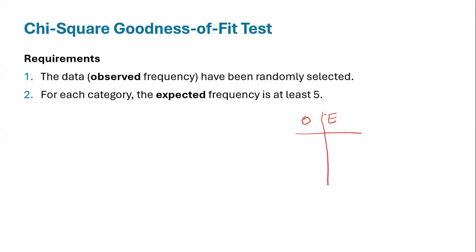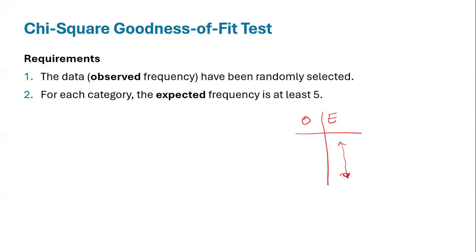So what are the requirements? We need to make sure that the observed frequency, or the result from sample data, has been randomly selected. And the second requirement says that each of the expected frequencies must be at least 5. All the numbers that you see as the expected frequency for each category must be at least 5. It means 5 or more.